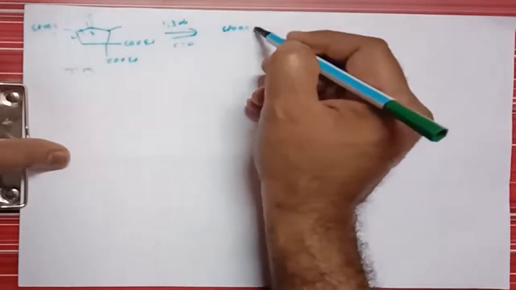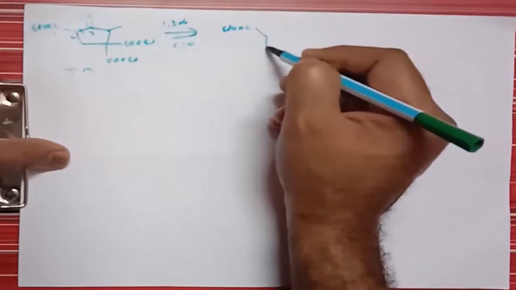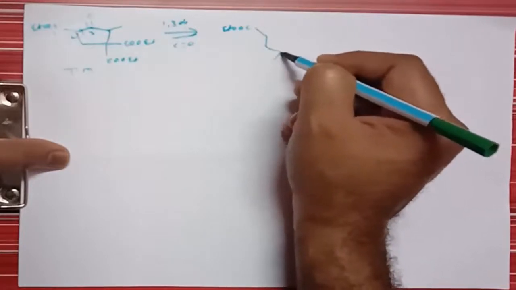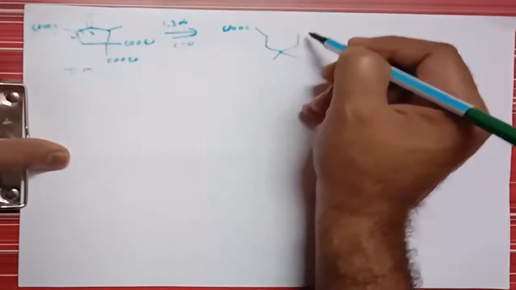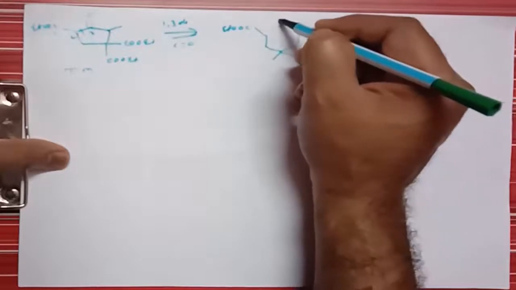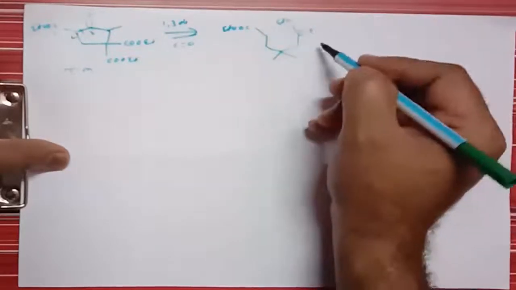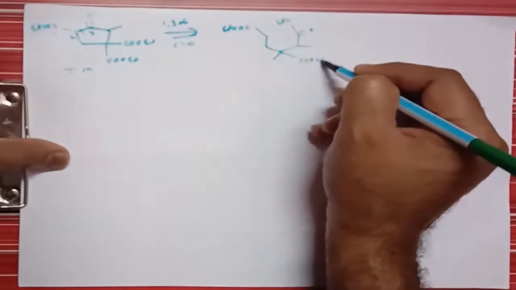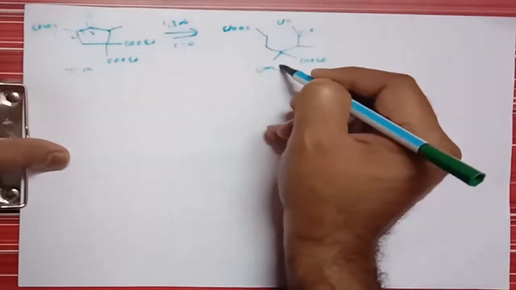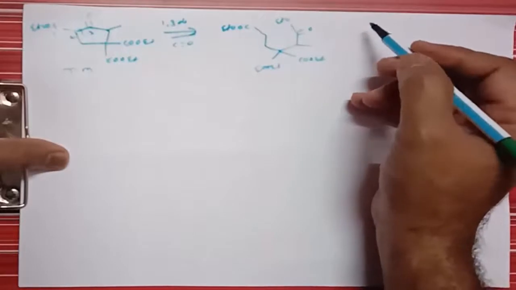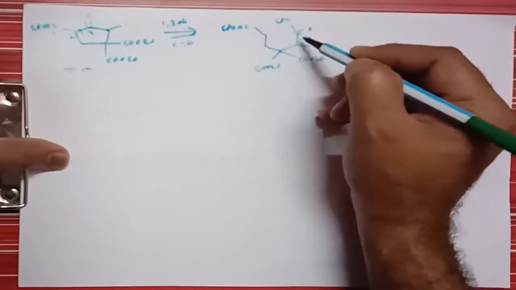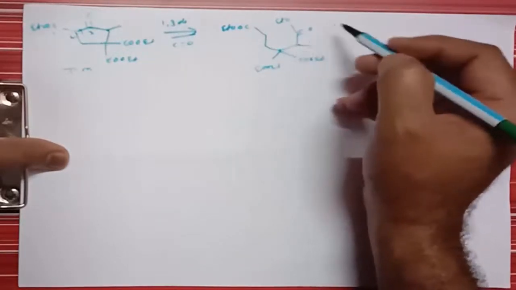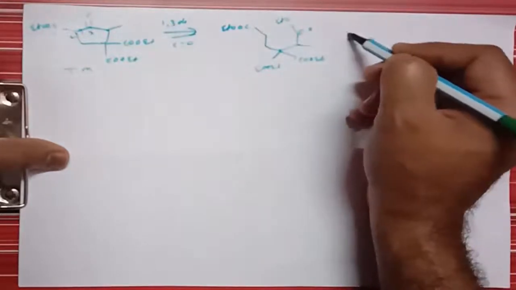The ester group will be same like this. Then here is CH2, CH2, then this will be same, and then here is again ester, and then the remaining group will be like this, COOEt, COOEt, right? Now here if you see, it is 1, 2, 3, 4, that is a 1, 4 dicarbonyl compound.